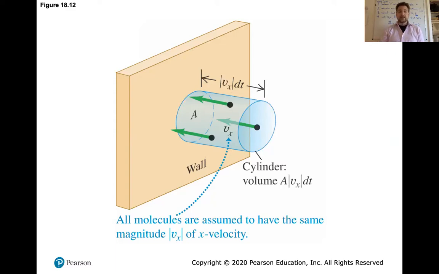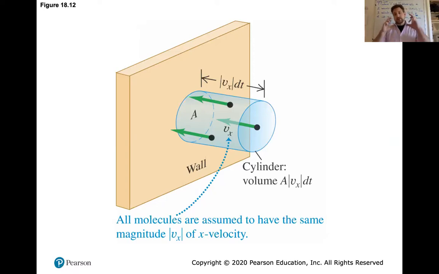The farthest away that a molecule could be and still hit the wall during time dt is this far, vx dt.